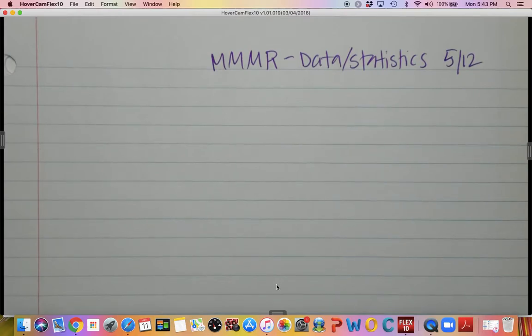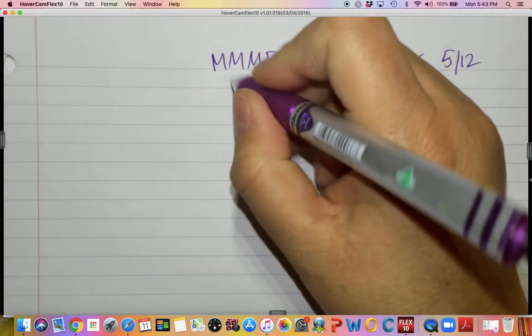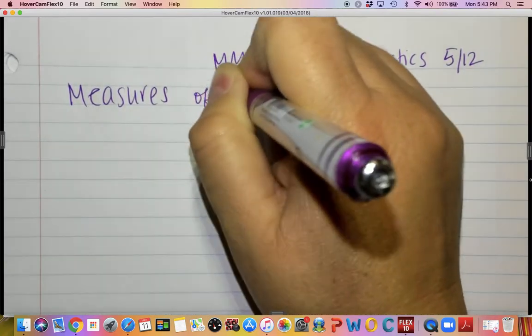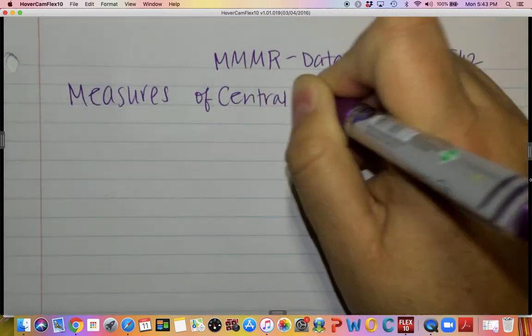And the first part we're going to hit in that is MMMR, which stands for mean, median, mode, and range. And it is also known as measures of central tendency.